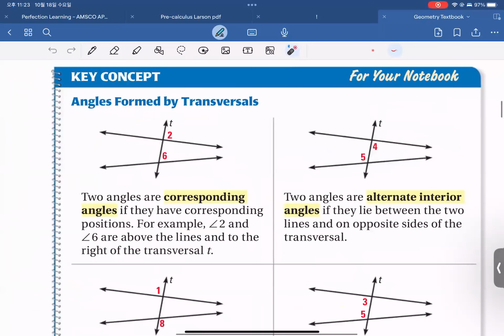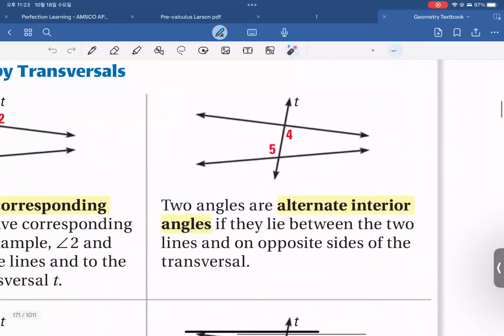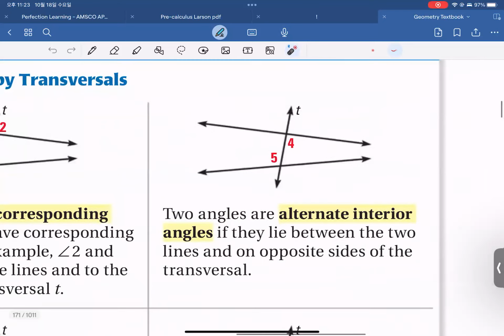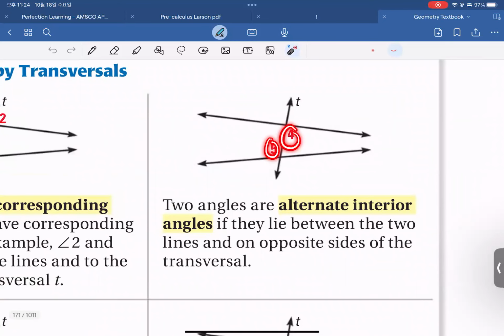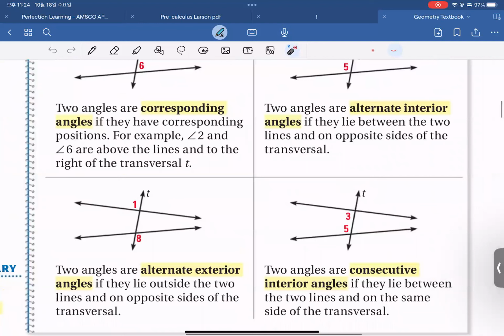Basically, that's corresponding. Alternate interior angles are two angles that lie between the two lines on opposite sides of the transversal. We can see this here, like these two are alternate interior. You can always think interior is inside, so these two, the ones closer. Similarly, exterior is the same idea, but they're farther out.